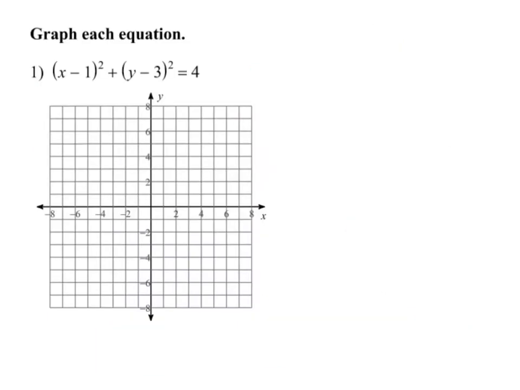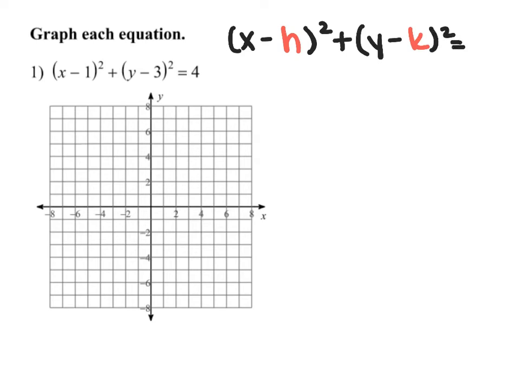Now if we want to graph the equation, remember the equation of any circle is of the form x minus h squared plus y minus k squared equals the radius squared.